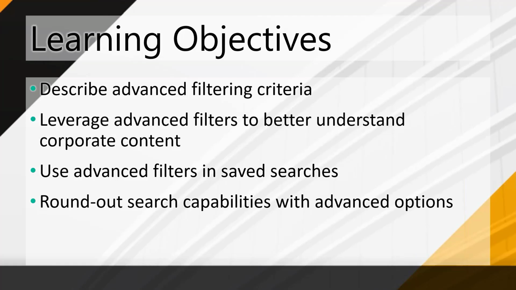So we can make these types of things repeatable, because the last thing you want to do is have to rebuild a search filter every single time and remember how you set that up last time. And then again, we're going to be talking about a few other advanced options that you can tie in, just some strategies that you can leverage for best practices as it relates to saved searches and partnering this up with your end users. So quite a few conversation talking points here today.